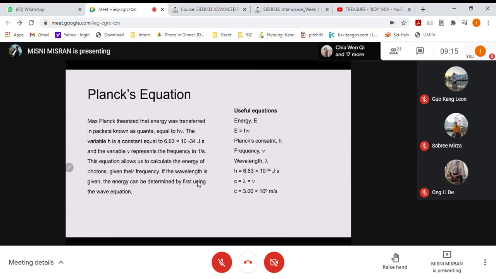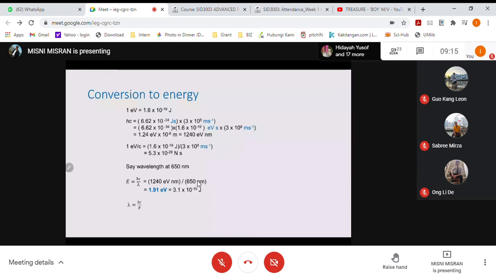So the higher the wavelength you go, the lower the electron volt energy by this calculation. Okay, that one is simple, and you know about this E equal to Planck constant times.